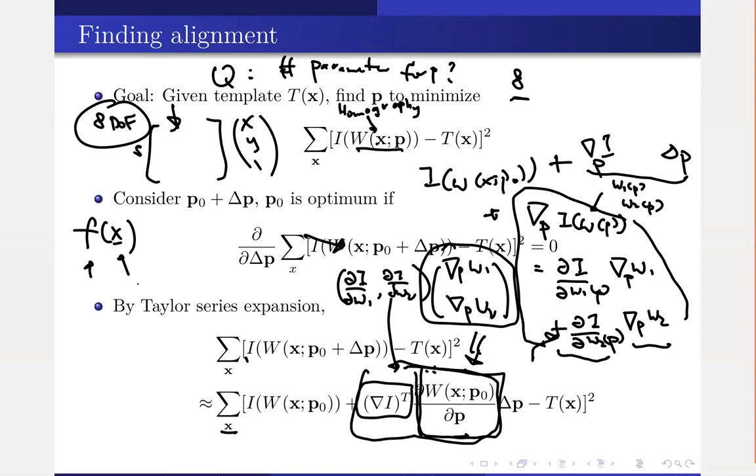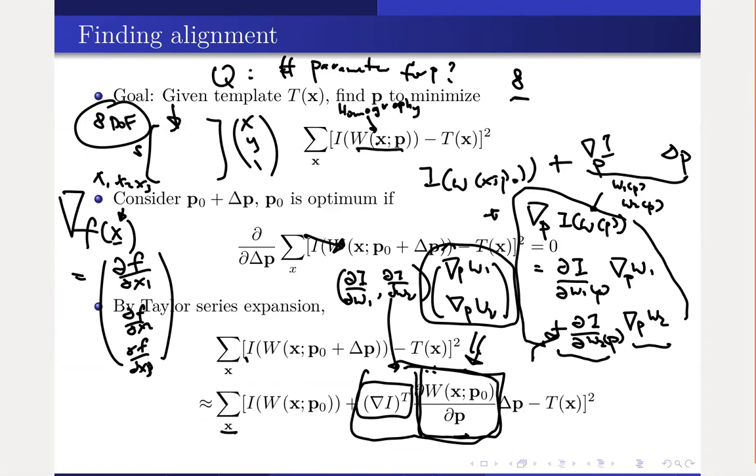Otherwise you don't actually have a gradient. The definition is that the gradient of f with argument x, with respect to x, is equal to the partial derivative of f with respect to x1. Let's say the vector argument is x1, x2, x3, then the gradient will be partial f partial x1, partial f partial x2, partial f partial x3, and so on.